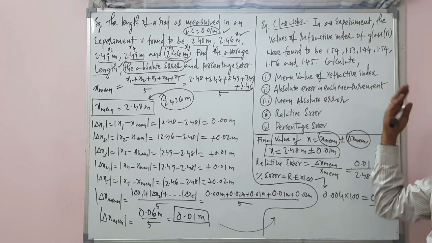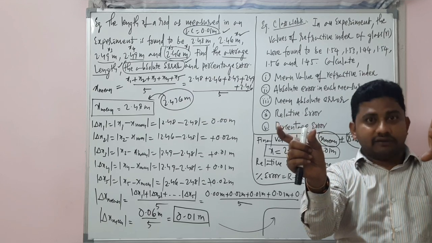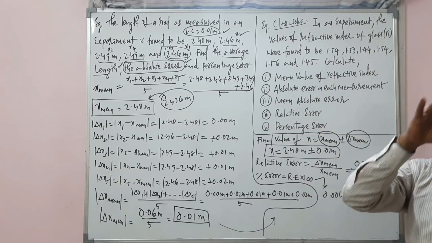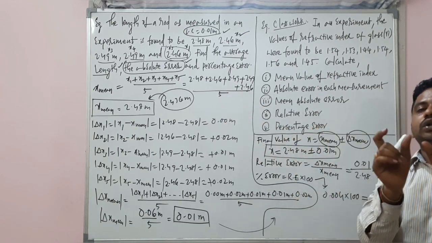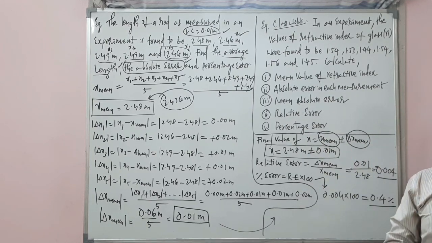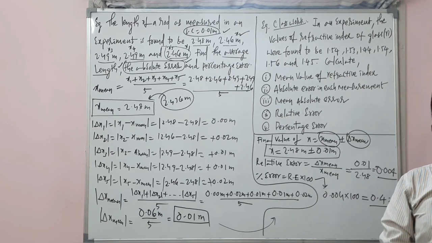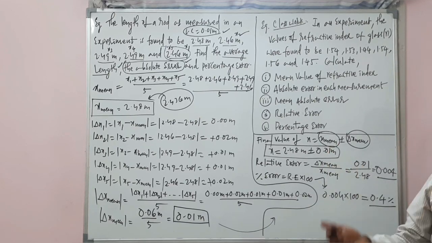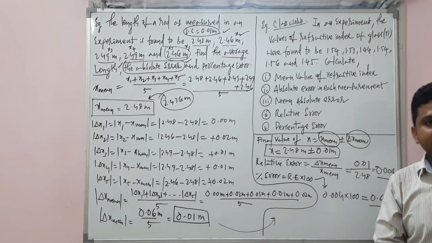Absolute error in each measurement, you know the absolute error, it's the difference between individual value and the mean value. Mean absolute error: the sum of all the absolute errors in individual measurements divided by total number of individual measurements. Relative error, you know, delta x mean by x mean, mean absolute error by mean value. Percentage error, relative error into 100. So find out and send me the answer immediately.